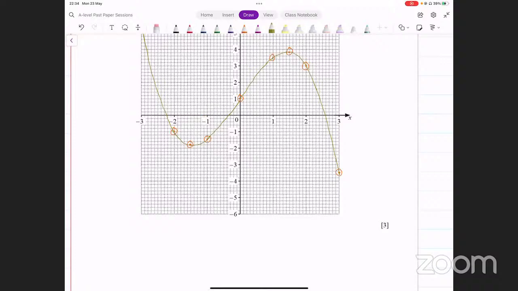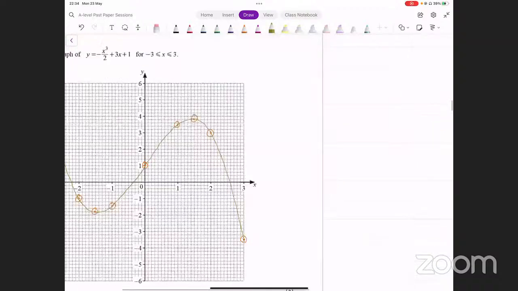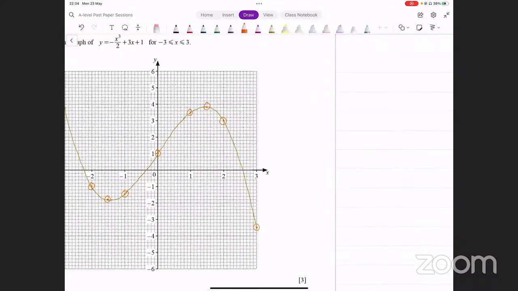Otherwise, just do the standard process. You draw the tangent like this at x equals 2, remember, so that's this point here. At the point above 2, you should make it so that the gap between the curve and the tangent on both sides of that point, above and below, is approximately equal. Approximately equal gap on both sides. So that's what you think about when you're drawing a tangent.